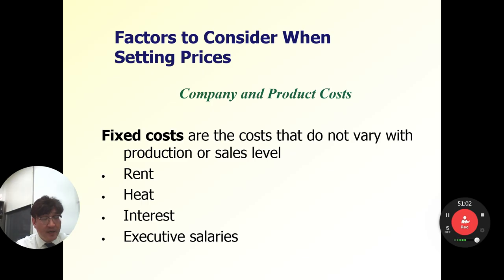Since you borrowed the money, you need to pay interest to the bank. It doesn't matter how much you make in that factory. Whether you make 100 units or 1,000 units, as long as you borrowed $1 million, you pay the same amount of interest. In that sense, interest is also a fixed cost.